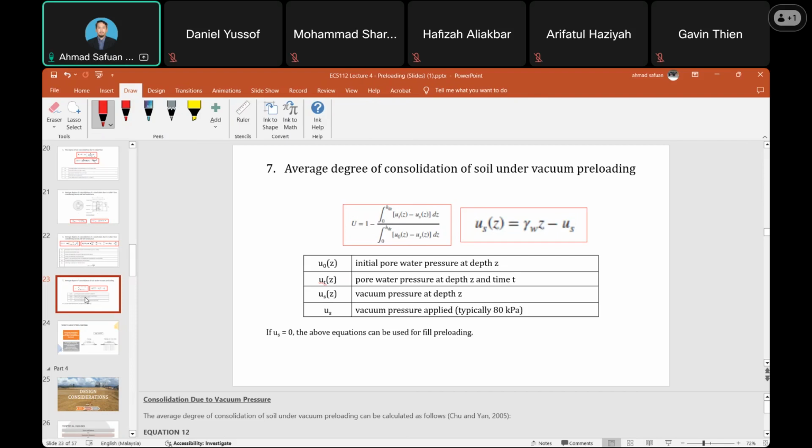UT is the pore water pressure at the depth Z and time t, and U naught is the initial pore water pressure at the depth of Z. If US is equal to 0, the above equation can be used for field preloading.